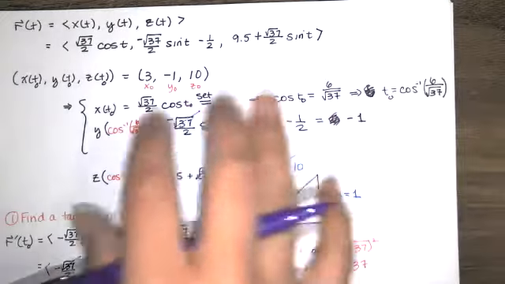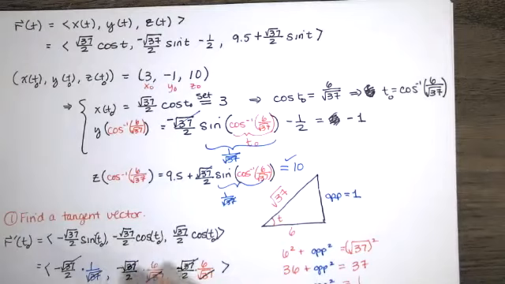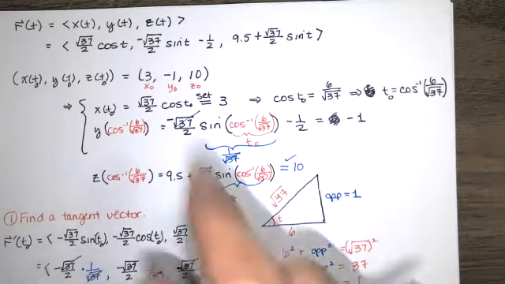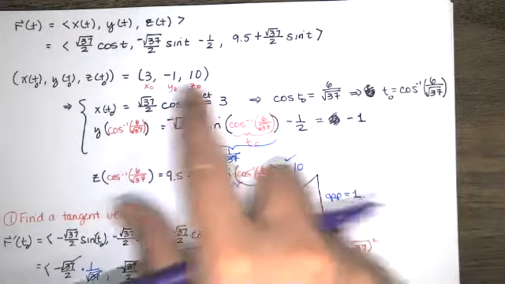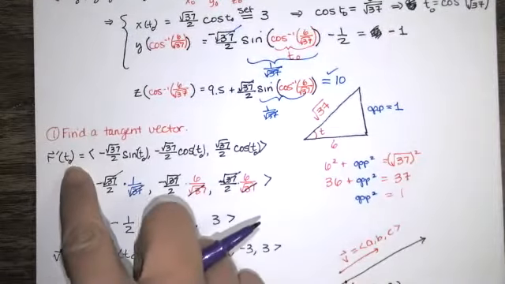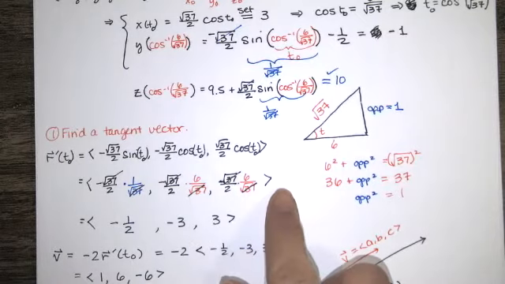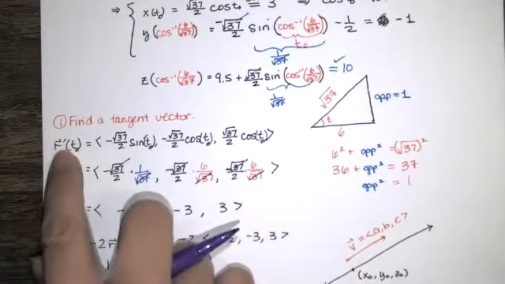So when t is equal to this, we're at this location. You can think of t as time if you want to. So you're going around and around at different times or at different locations. At this time, we're at that location. So we find a tangent vector at that location by evaluating r prime at t naught.